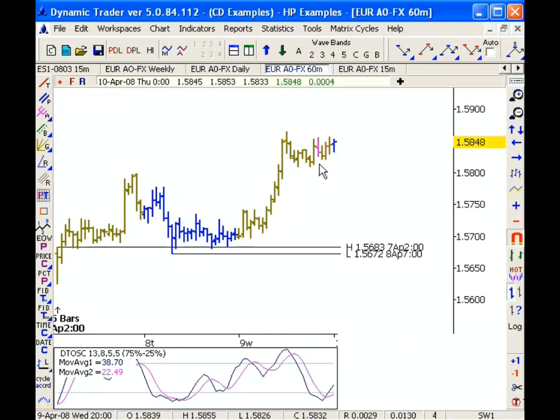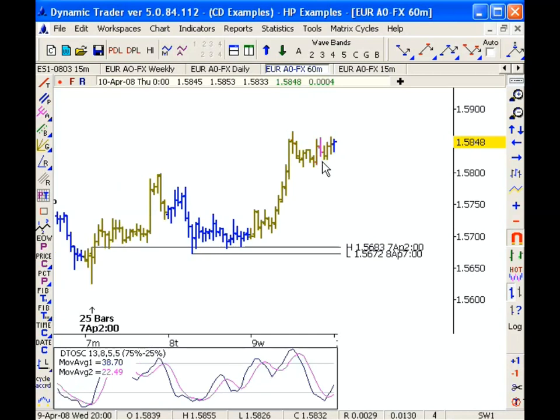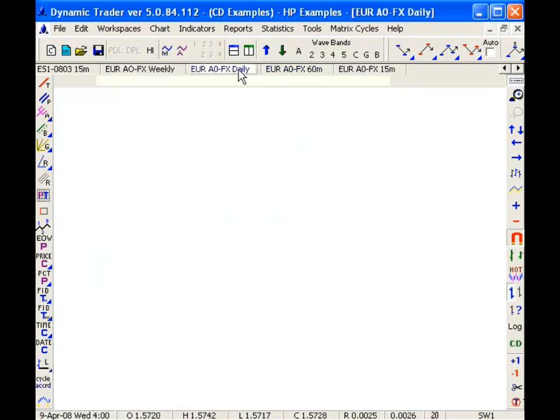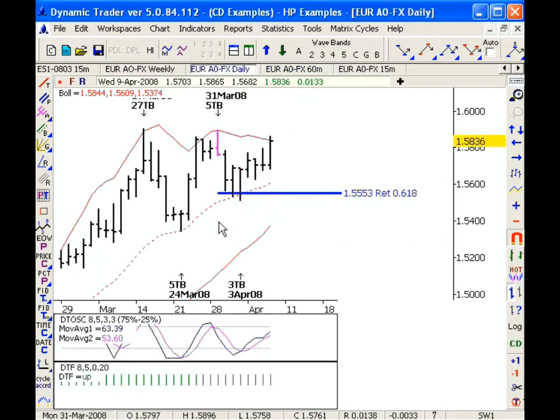Let's take a look at our daily momentum through this would be April 9th, and just see where the daily momentum is. So we've switched over to the daily chart, and the daily chart is through April 9th. We've had a strong move up. It was a big wide range up day here.